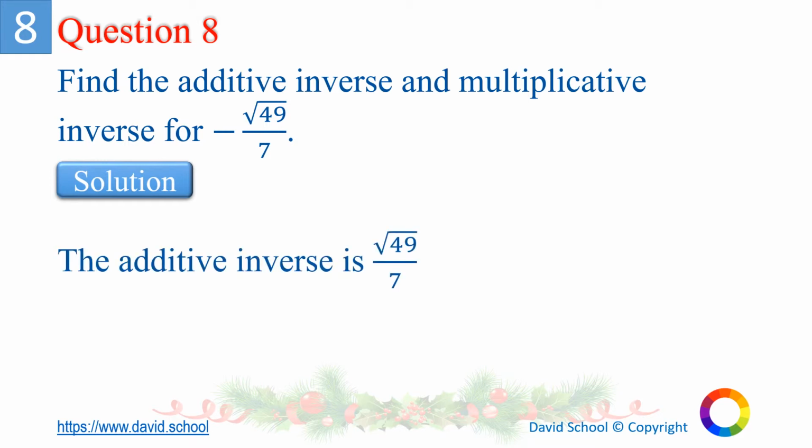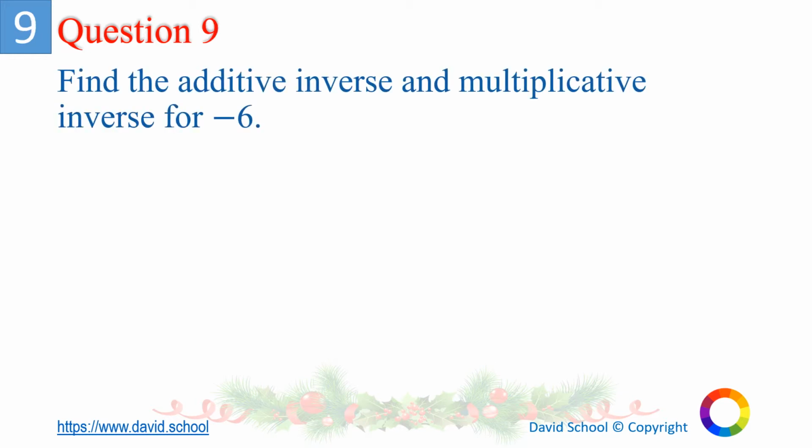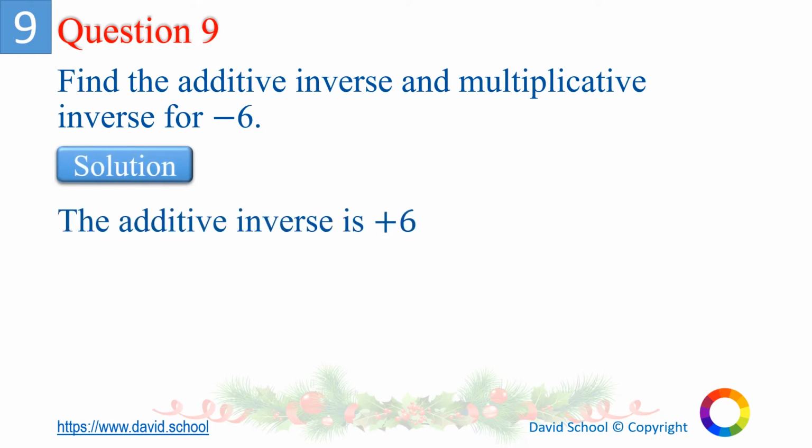Multiplicative inverse: keep the sign as it is, just change numerator into denominator and vice versa. We'll see one last example. Find the additive inverse and multiplicative inverse for negative 6. The additive inverse is positive 6 and the multiplicative inverse is negative 1 over 6.